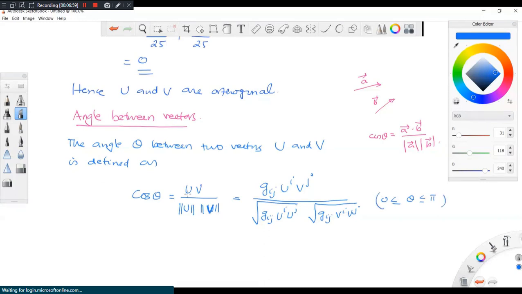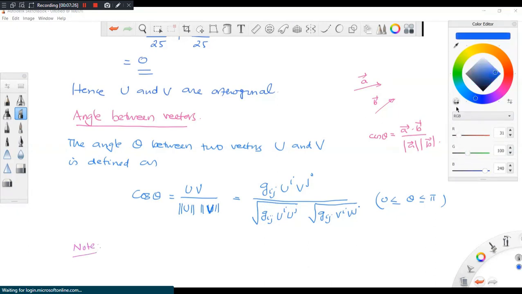So this is the angle between two vectors. Okay, so you can see that in the above example, if the vectors are orthogonal, then the angle between them will be 90 degree.